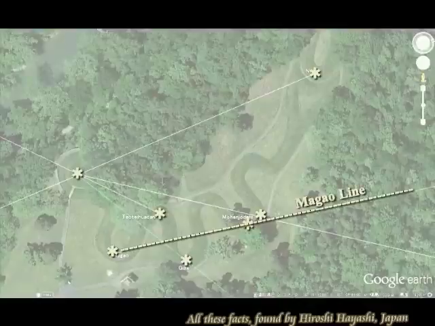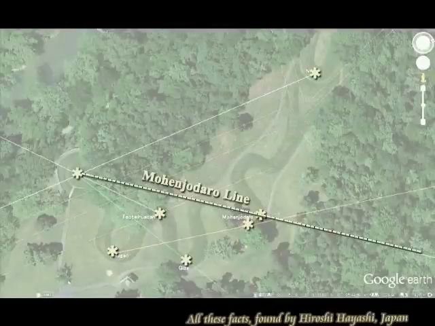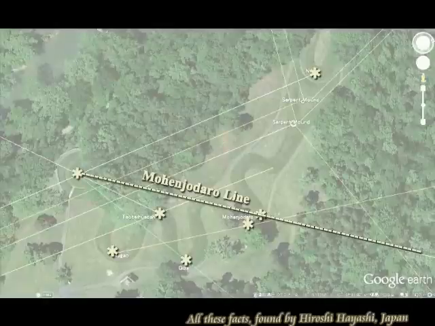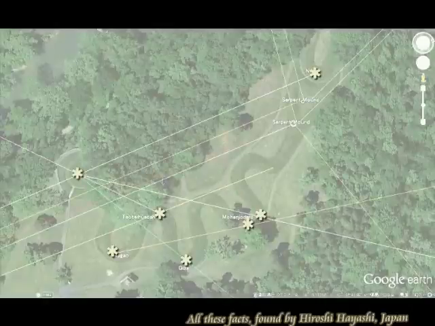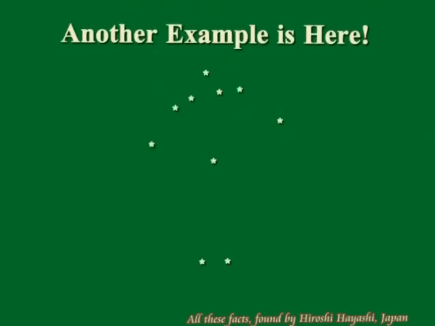This line will take you to Magao line now in China. Dunhuang, yes. And the Mohenjo-Daro line is here. So now I hope you understand that each two of these points show the direction to each point. That means this is a road sign for ancient pilots.